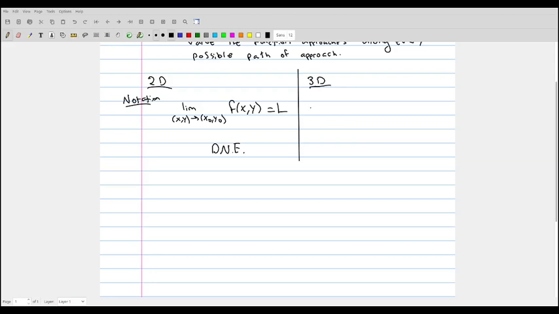For functions of three variables, it's the same idea. We say that the limit as x, y, and z approach the point x naught, y naught, z naught of some multivariable function of three variables is equal to some value L if along every single possible path of approach to the point x naught, y naught, z naught, the function is approaching the same value L, or it could also not exist, in which case we just say DNE, which stands for does not exist.